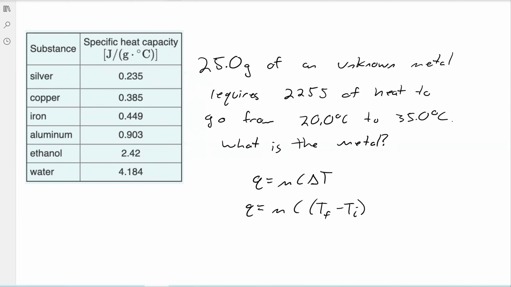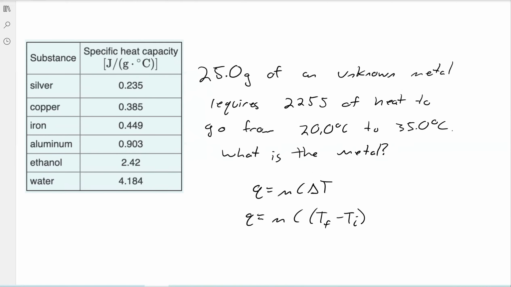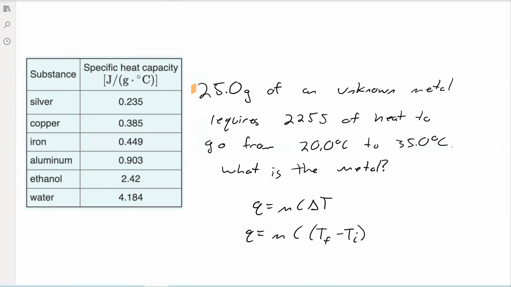And then let's also break down this problem and think about other ways that I could maybe not necessarily trick you, but make the problem a little bit more difficult. So for example, we have 25 grams. That's obviously our mass. So we want to plug that in for M. And in this case, I just gave you grams. But I could have given you moles, right? I could say 25 moles of some metal, and then you'd have to use the molar mass to go from moles to grams.